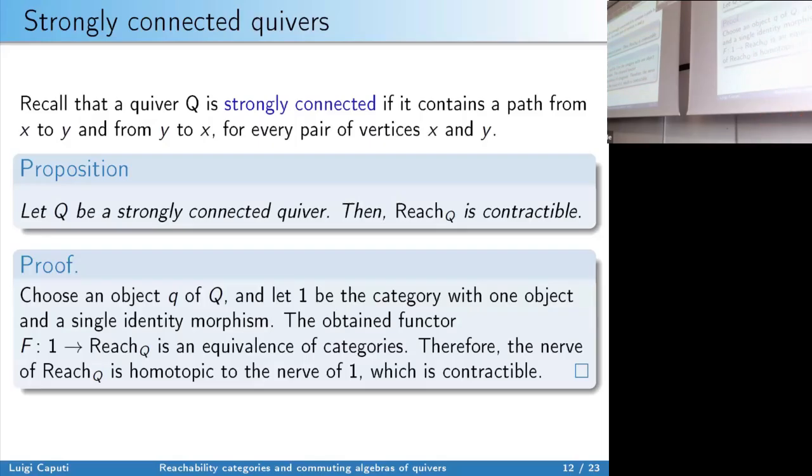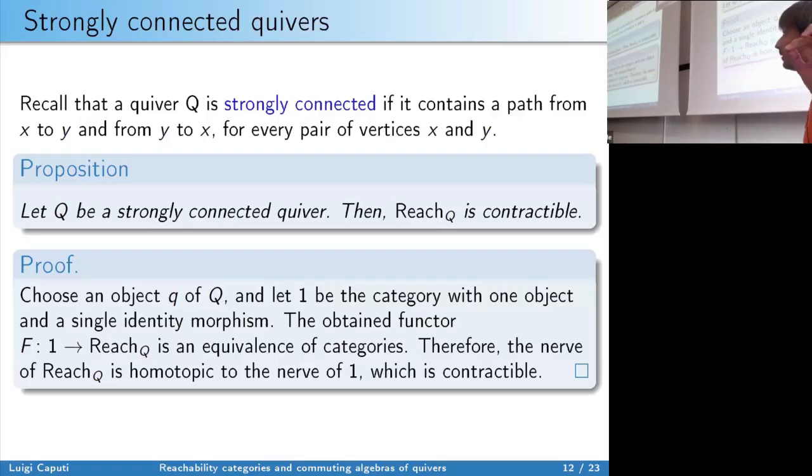And what's the idea behind the proof? Well, you have the reachability category on one side. We consider the category with one single object and the identity on the other side. Now you define a functor from the one category to the reachability category by choosing where to send the one object in the category 1.